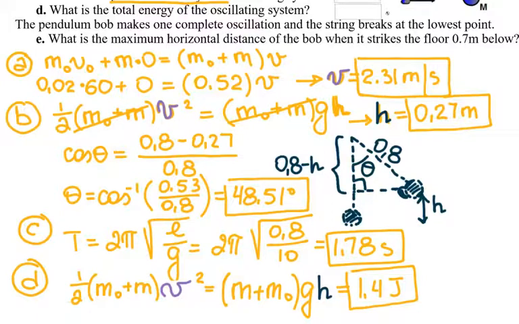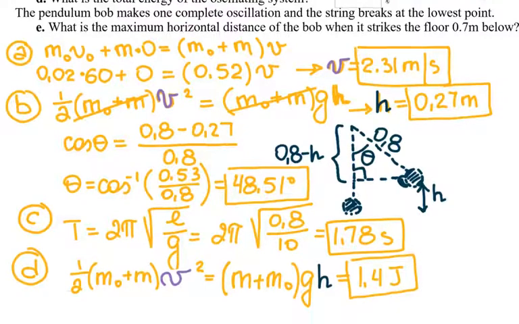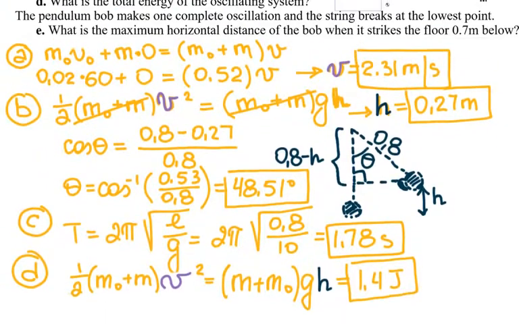And then for E part, what is the maximum horizontal distance of the bob when it strikes the floor that is 0.7 meters below? The pendulum bob makes one complete oscillation, and then the string breaks and it falls down. So 0.7 meters below.